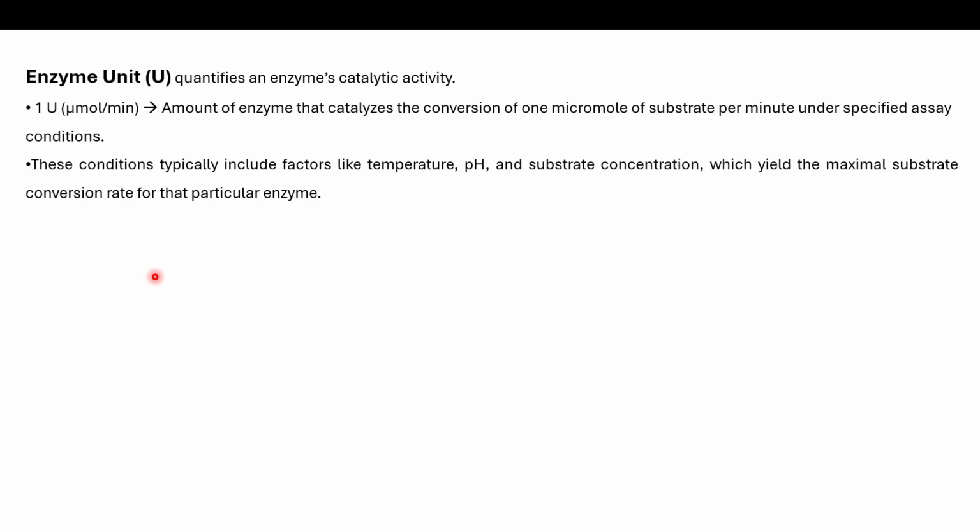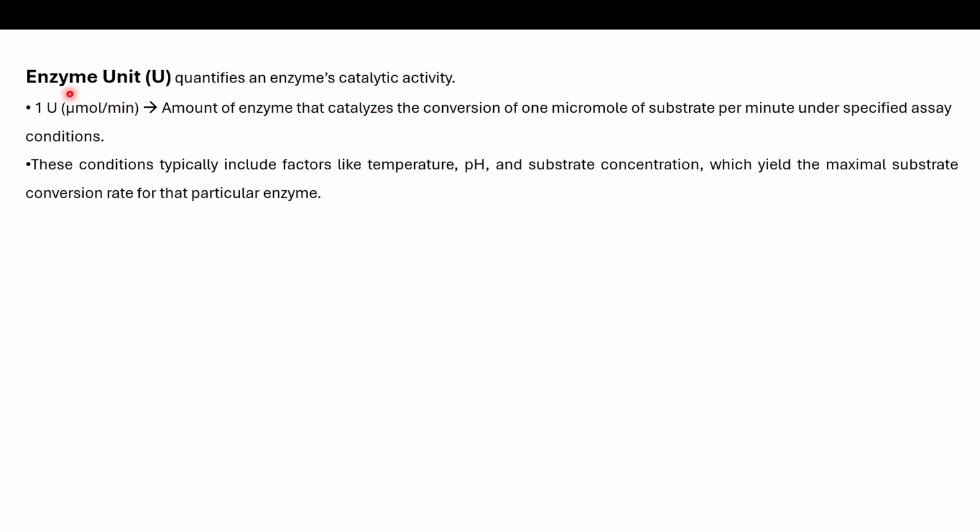Barely these enzymes are used in quantities as low as 0.2 microliter, 0.5 microliter. Even at such a small amount, these enzymes can show very robust cleavage or catalytic activity.